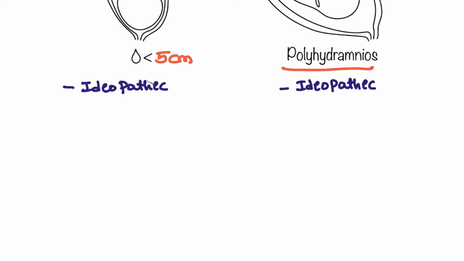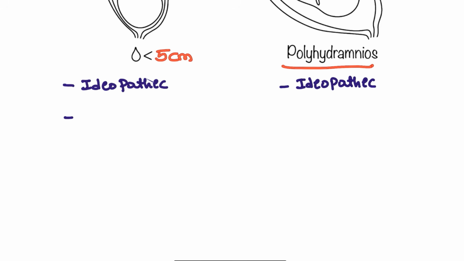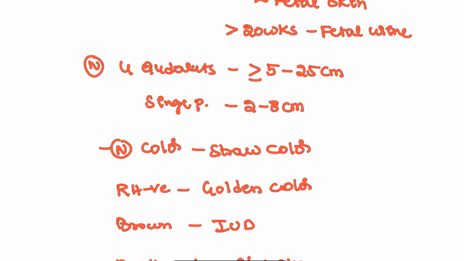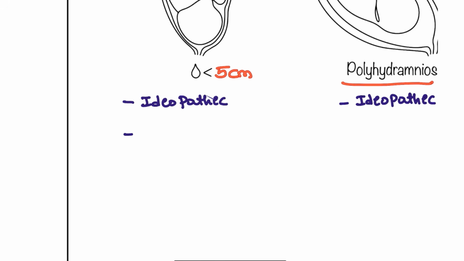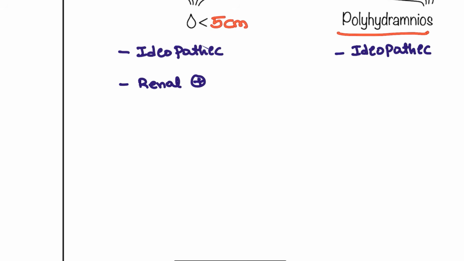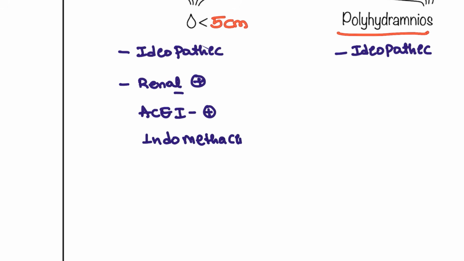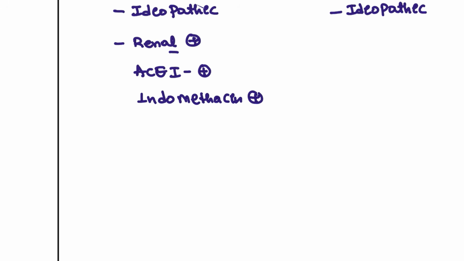But oligohydramnios is most commonly related to urine, so the baby must be having renal abnormalities, or the mother is taking drugs like ACE inhibitors, which cross the placenta and cause teratogenicity with renal abnormality. Or the mother is taking indomethacin, a painkiller, which can also cause renal abnormality.